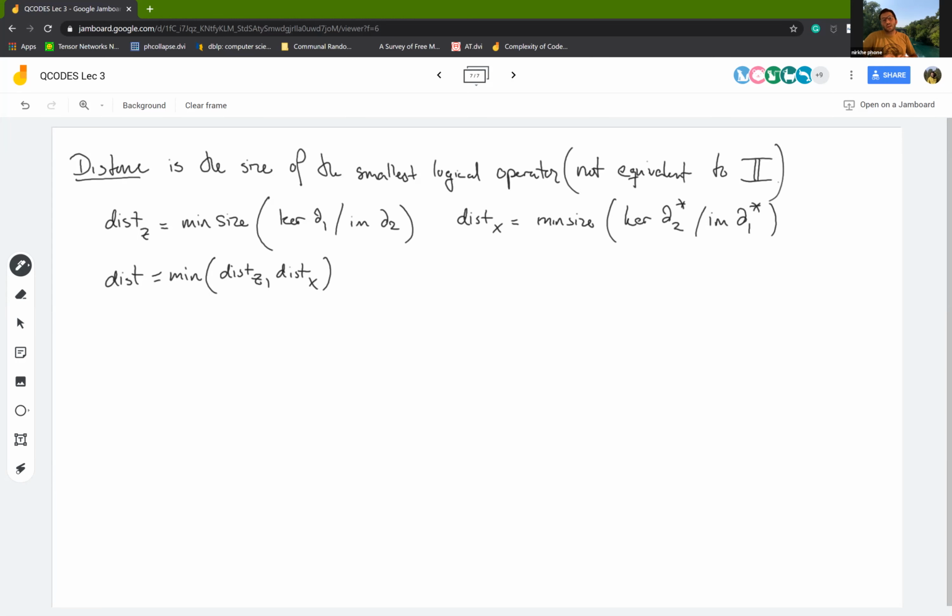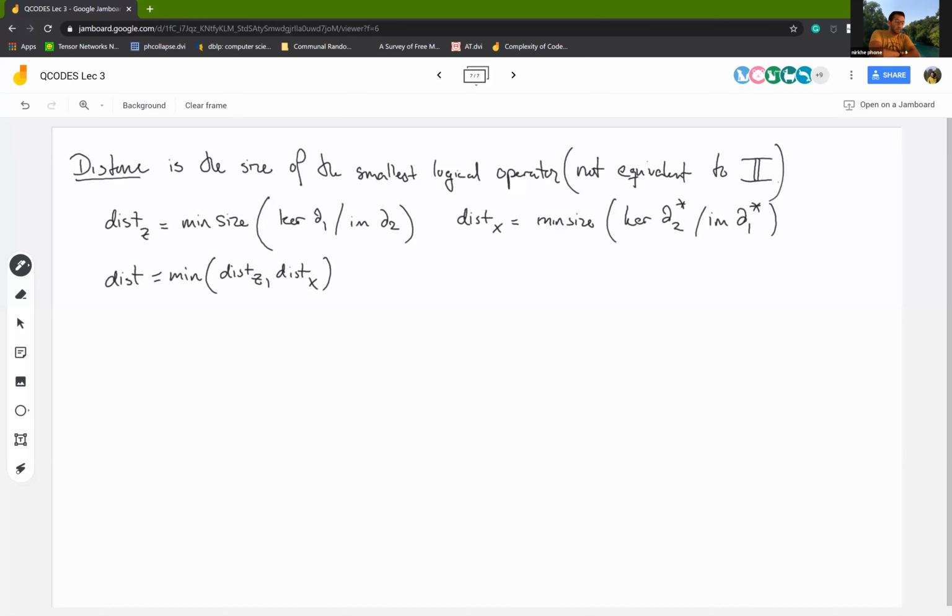You could think of everything that commutes with the stabilizer group as a logical operator. Some of them might just be equal to identity, right? If you do that, then it's nicer because now you can work with the whole group theory, because you have an identity in your group.